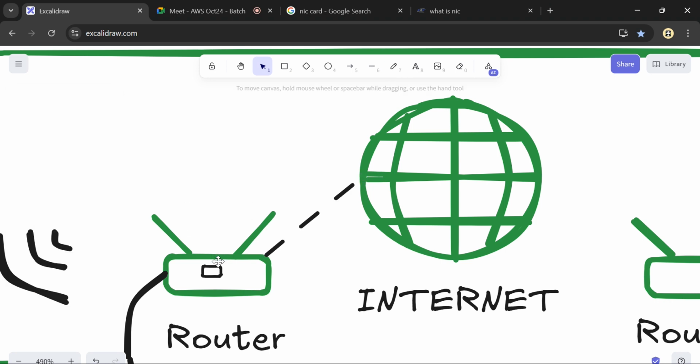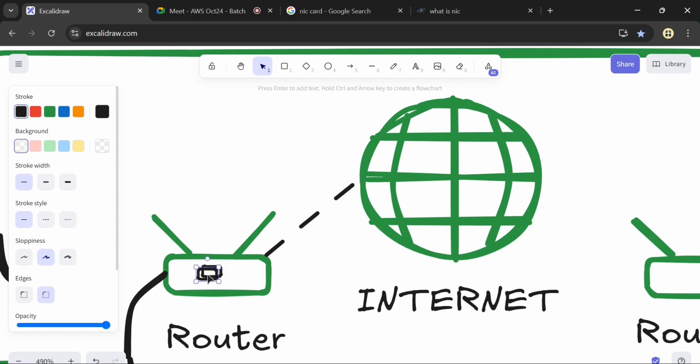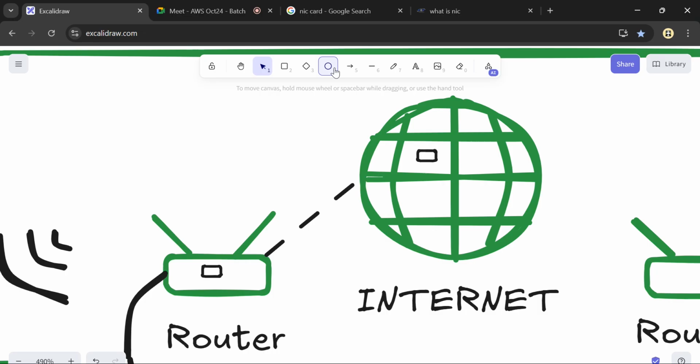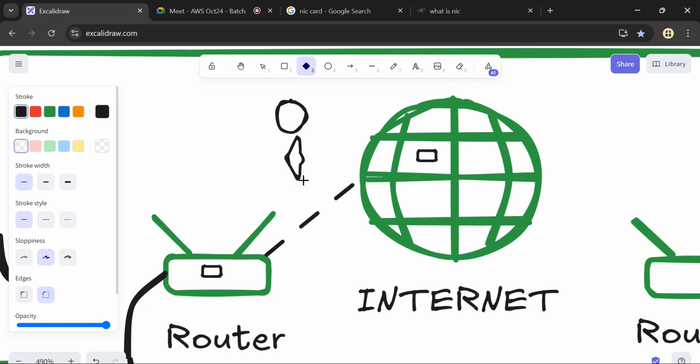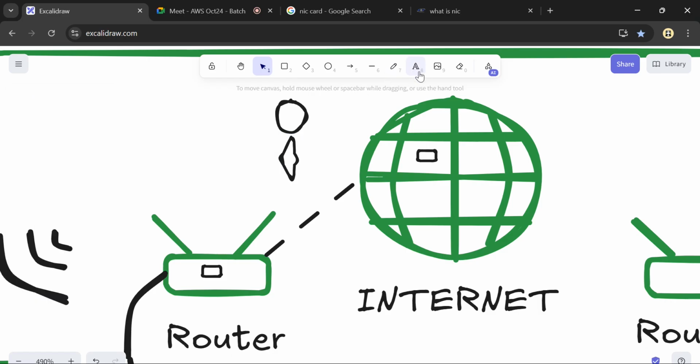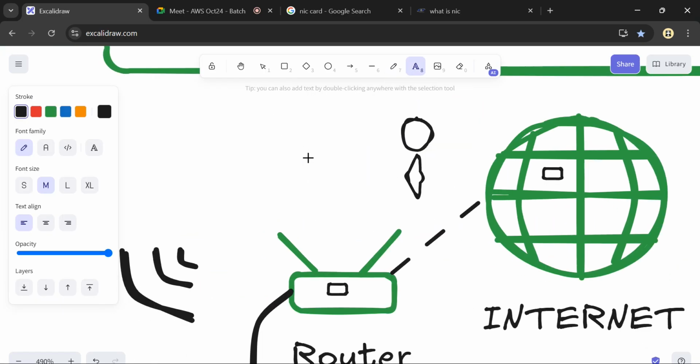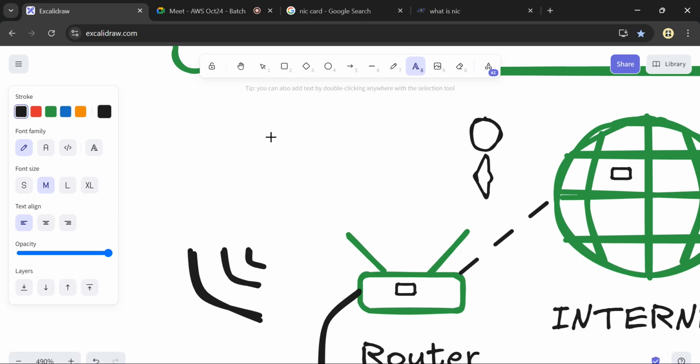Now when this message goes to the internet, it is like an open marketplace, right? Anybody will be able to read the message or access my information, because this is a public internet. Anybody can access this information. So there are some rules that need to be followed. The rules are like, let's say, this message should be sent in an encrypted format.